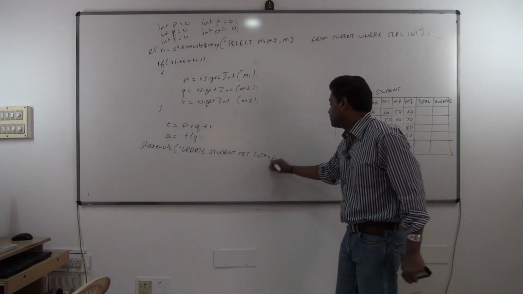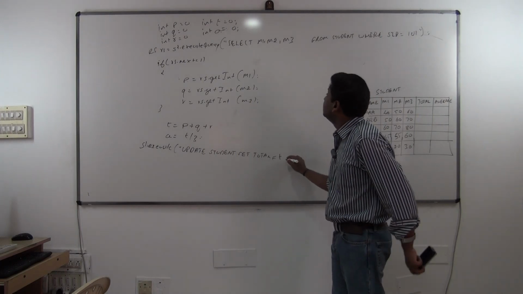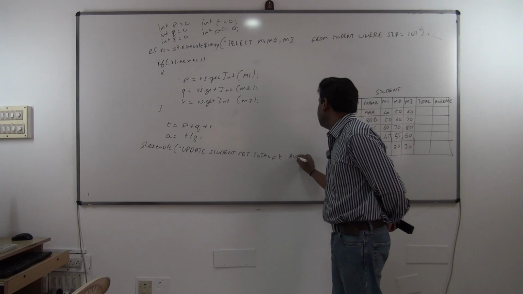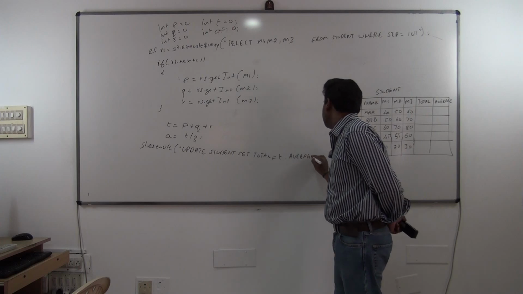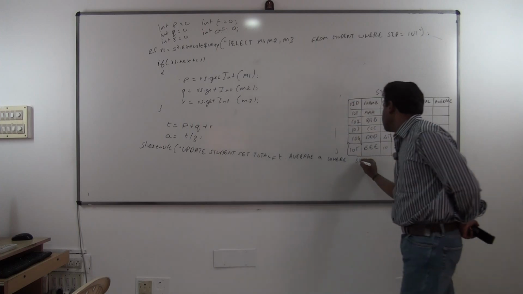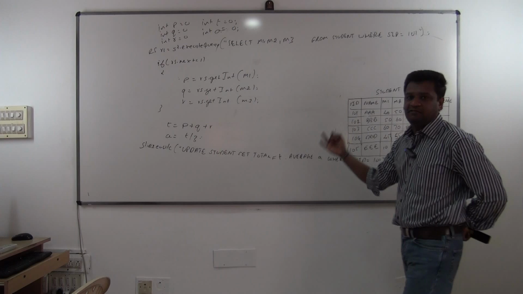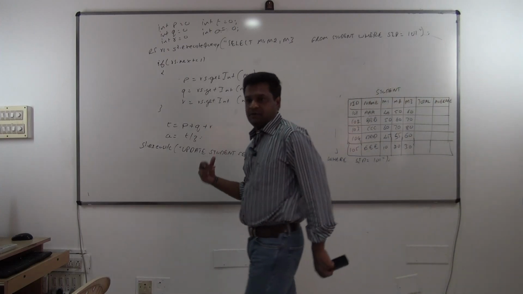I'm just moving fast now. Set total is equal to T and average is equal to A, where SID is equal to 101, like this.